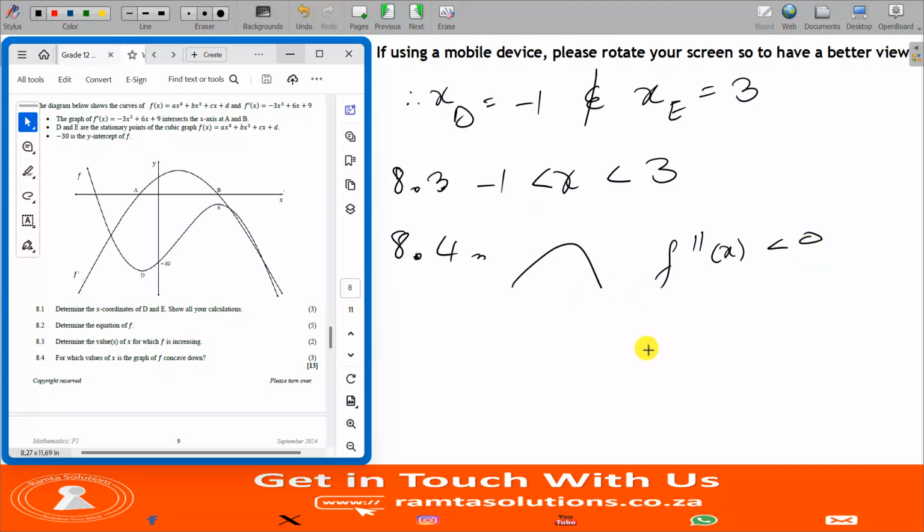Or you can say this is where the midpoint of the stationary points is less than 0 as well. But for now, let's take the second derivative. So what is our f of x?